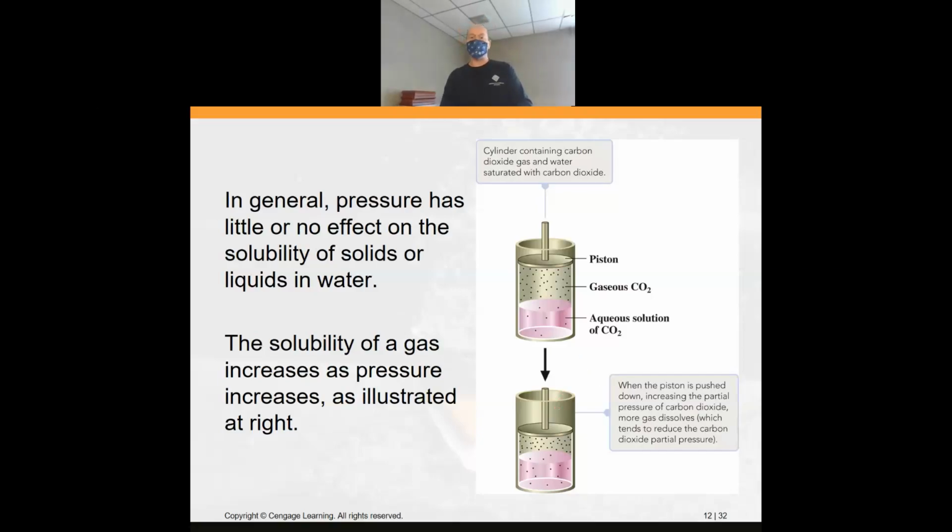Every time you open a carbonated soda or water, you will hear the release of the pressure of CO2. Then it will escape over time, and you will have your flat soda, and the flat water that used to be sparkling is no longer sparkling. So again, you increase the pressure, you increase the solubility, more gas molecules into the solution.